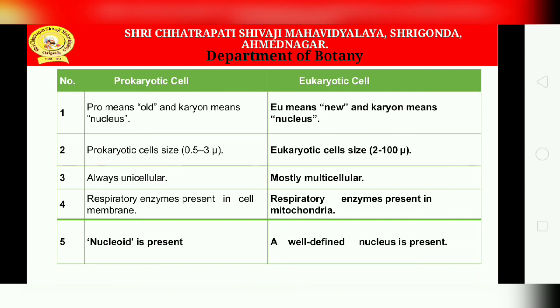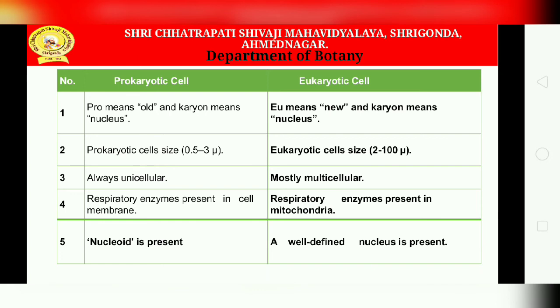Second point, the prokaryotic cells are smaller in size, from 0.5 to 3 micrometres, whereas the eukaryotic cells are comparatively larger, from 2 to 100 micrometres. Third point, prokaryotes are always unicellular, while eukaryotes are mostly multicellular.